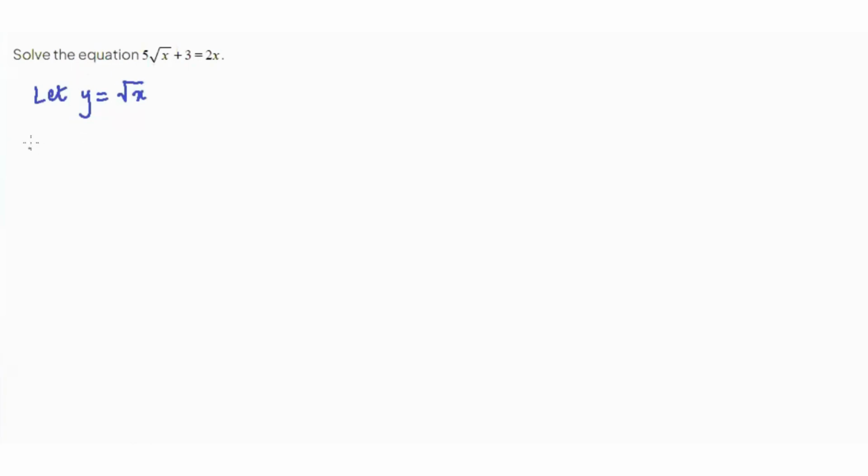that means it becomes 5 times y plus 3 equals to, now over here it's x. So remember that if y equals to root x, then if we square both sides, y squared would be equal to x.